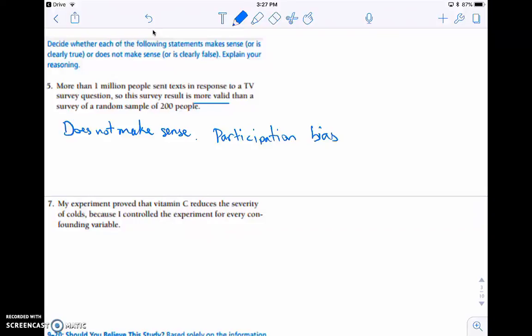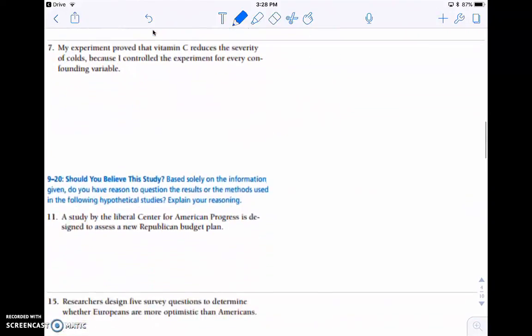Whereas if you randomly select 200 people to answer a survey, that participation bias is much less likely to occur. So that doesn't make sense to make that claim. And we don't know anything about the variables or anything like that, but just to say that since we have 1 million people, it's more viable than 200 people, that participation bias begins to creep in there.